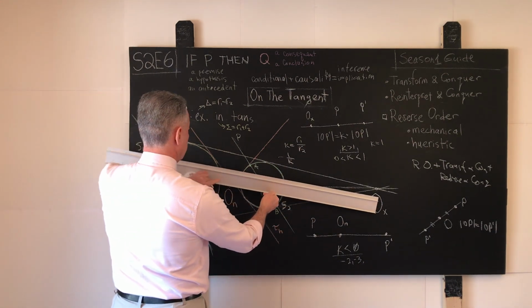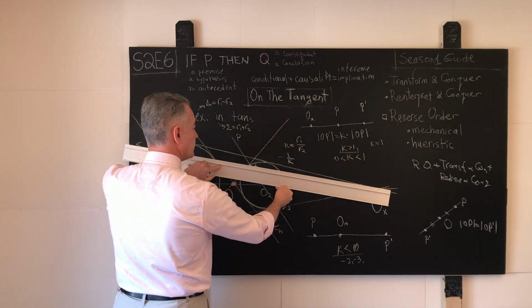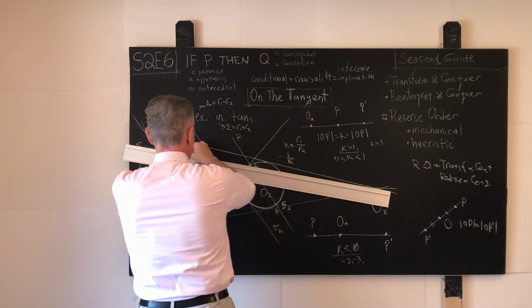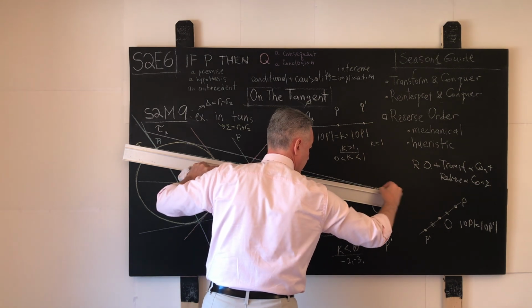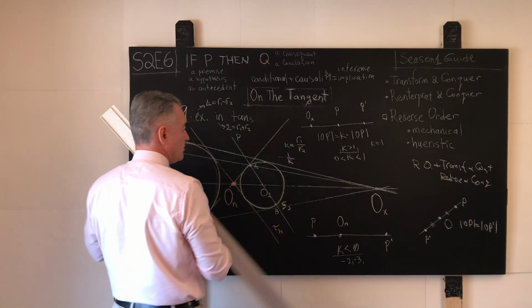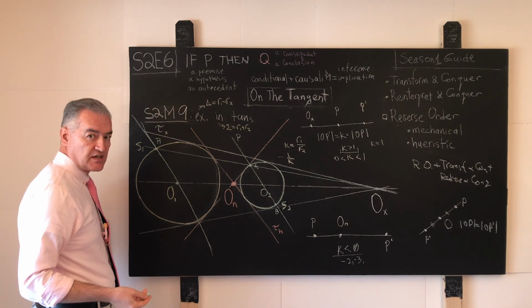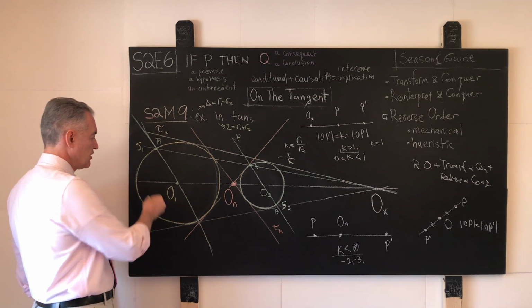They are supposed to precisely intersect the straight line of centers, like so.